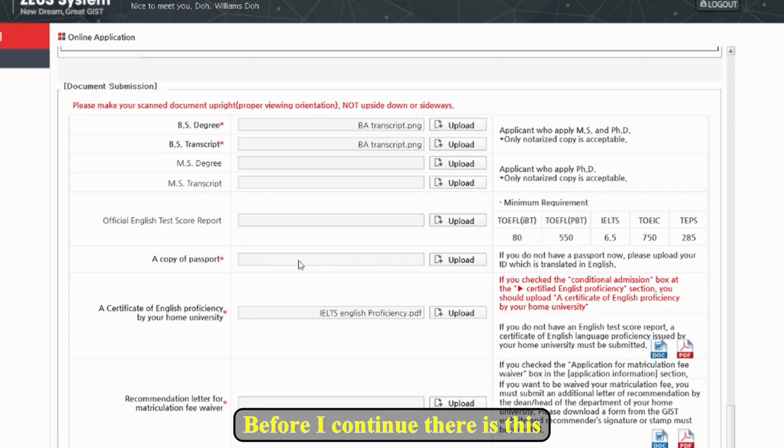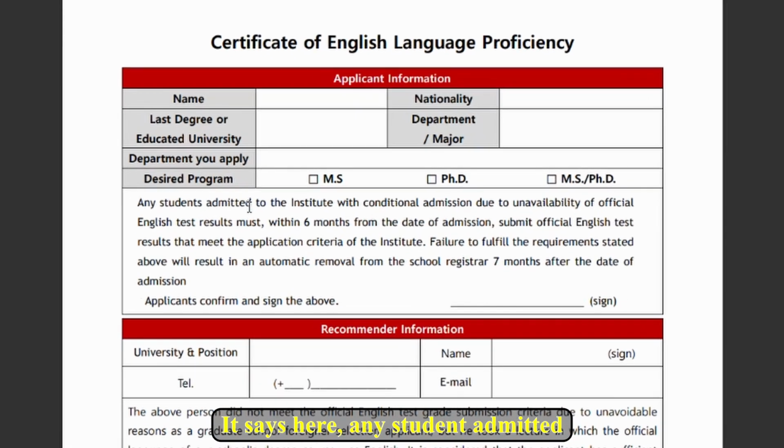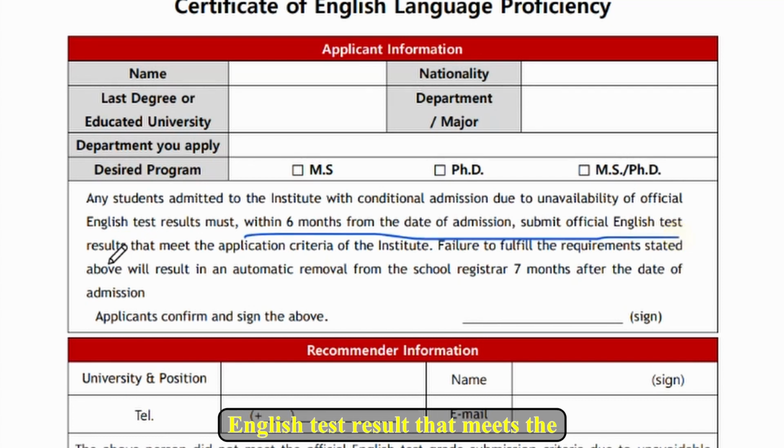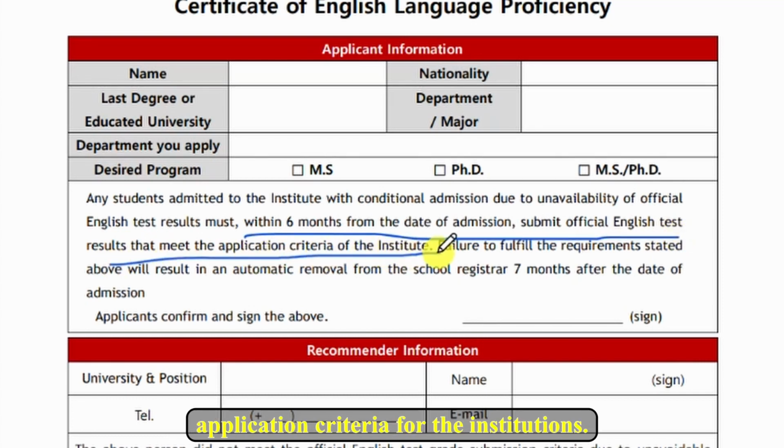Before I continue, there is this important information about the certificate of English proficiency. You have these 2 documents here that you must read. It says here, any student admitted to the institute with conditional admission due to unavailability of official English test must, it's important, within 6 months from the date of admission, submit official English test result that meets the application criteria for the institutions.